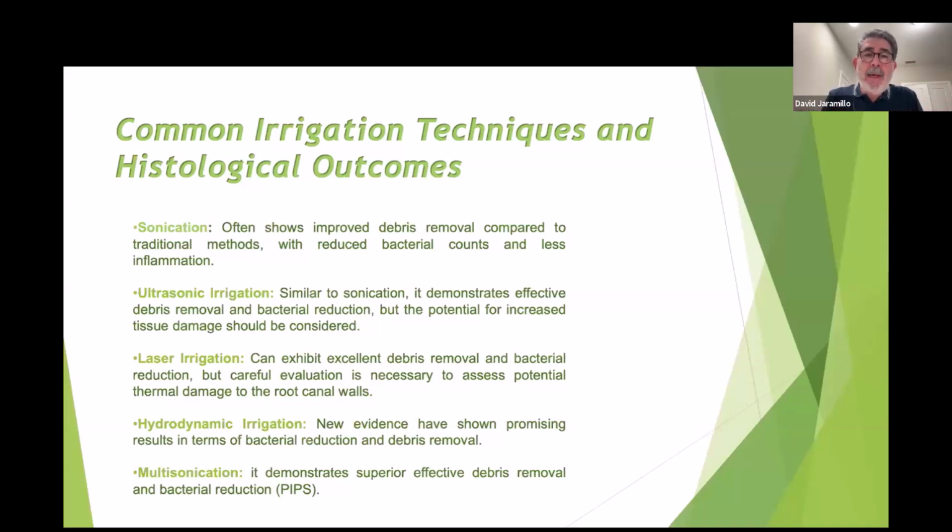So with the histological evidence that I have, I can prove that PIPS does a very good job removing bacteria from inside the dentinal tubules. But it doesn't do a good job in pulp tissue debridement. For what I'm going to show you, the pulp tissue debridement produced by GentleWave is much better than any other technique.